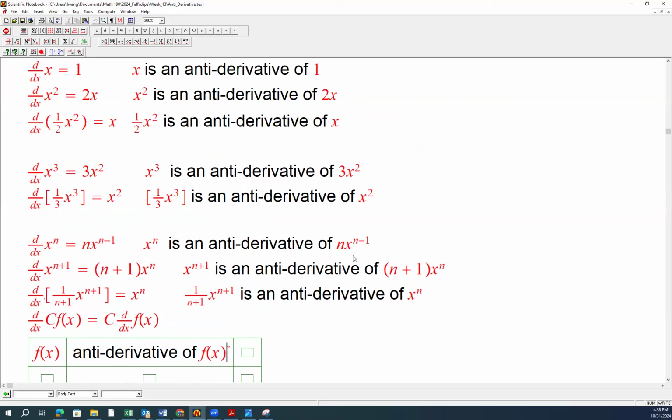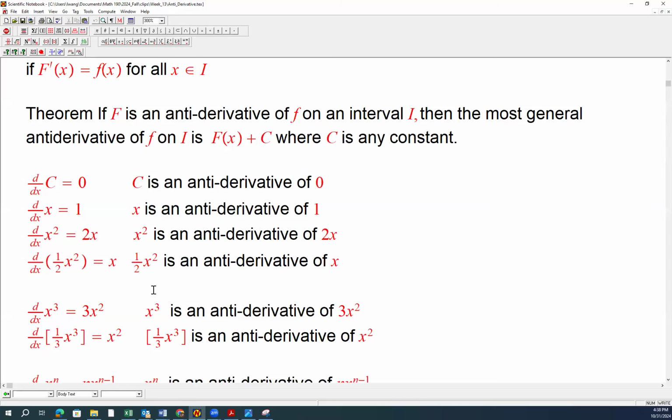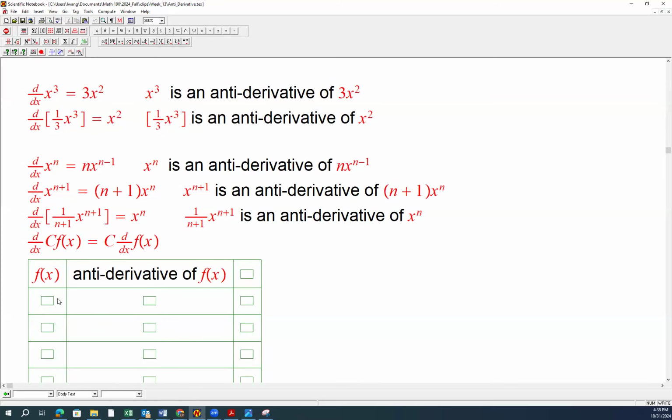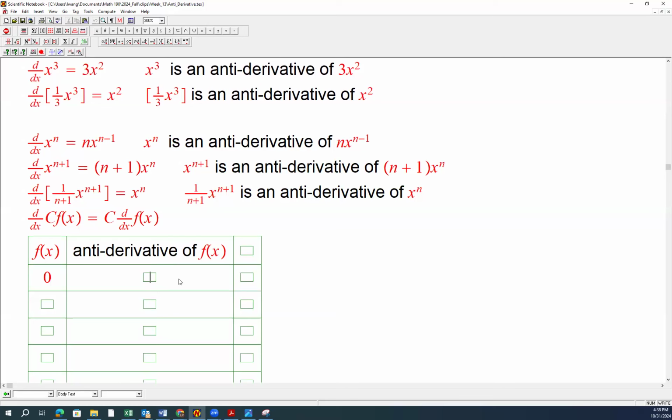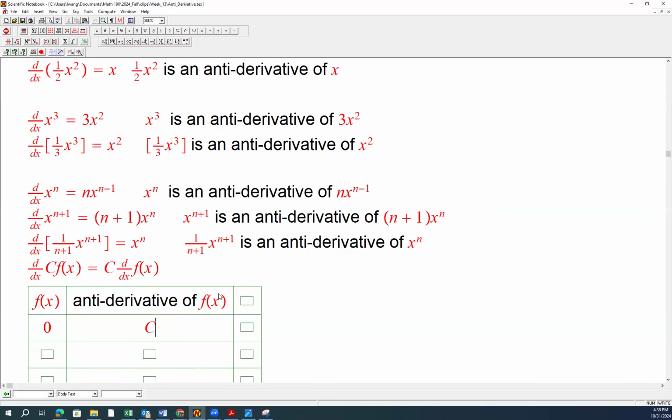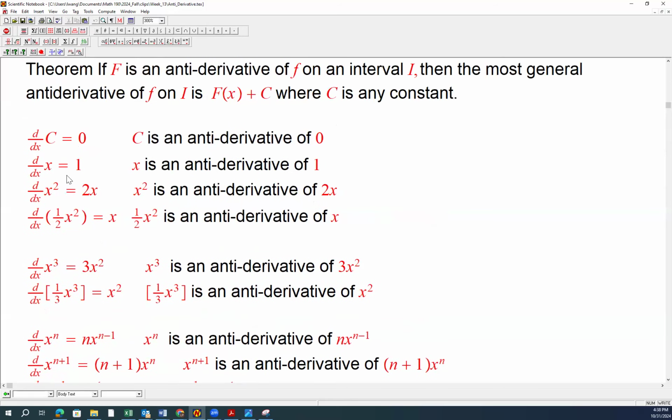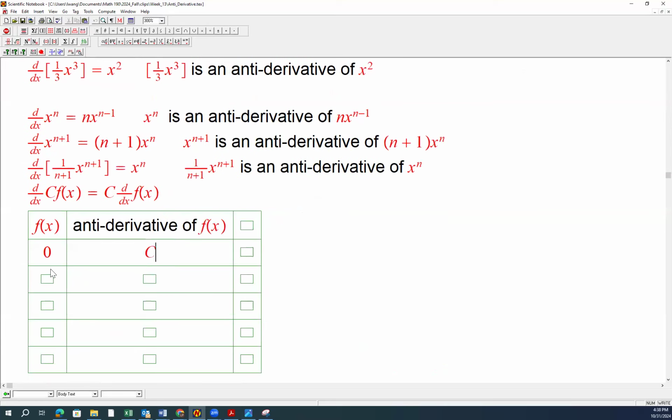So what do we got? If a function is 0, its antiderivative is a constant. If the function is 1, its antiderivative would be x.